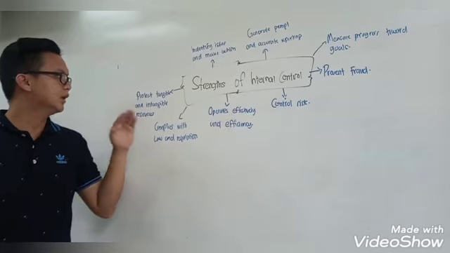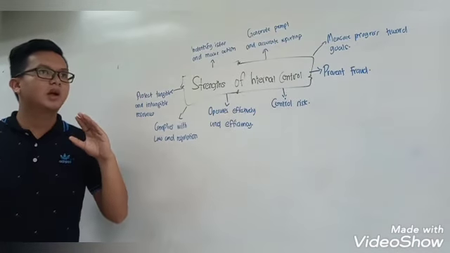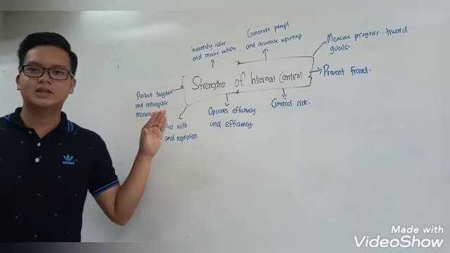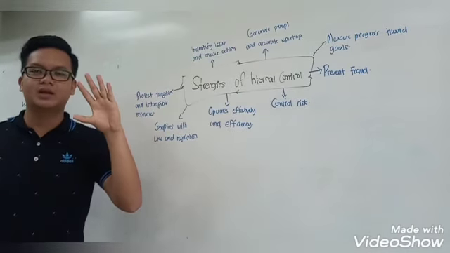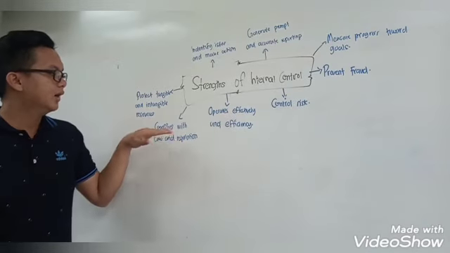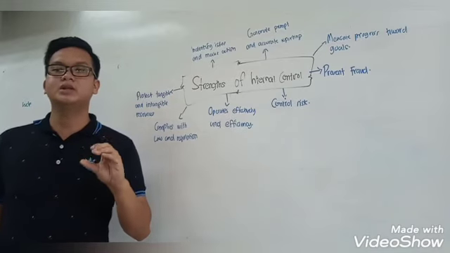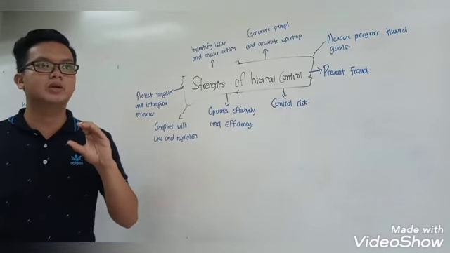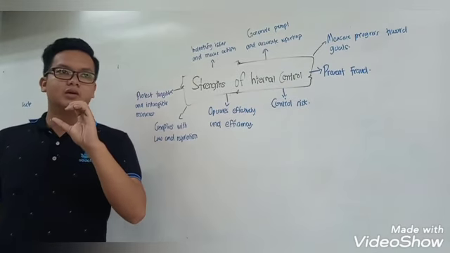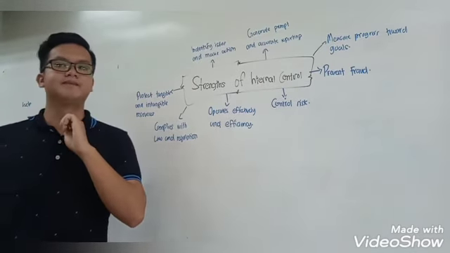This means the tangible and intangible resources are controlled so as not to be wasted or stolen by thieves. Second is complying with law and regulation. When you set up a business, you must follow law and regulation. So the internal control will control the business to follow the law and regulation.